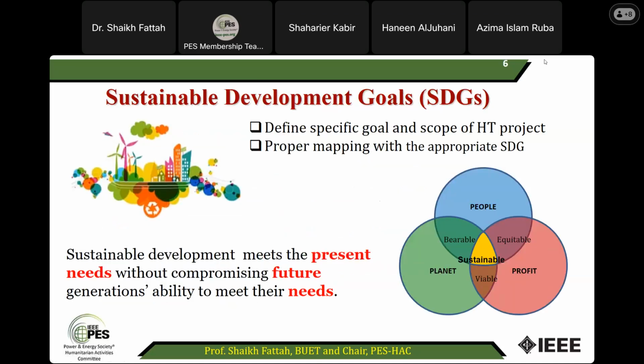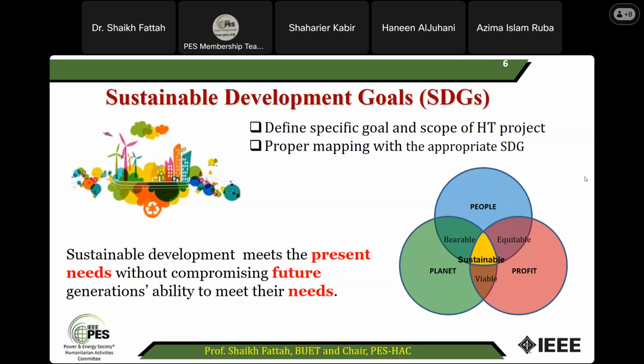So let's first understand your scope, or what we say, your objective. At the end of the day, the bigger picture should be clear to us: by doing this project, we should focus on sustainable development goals.